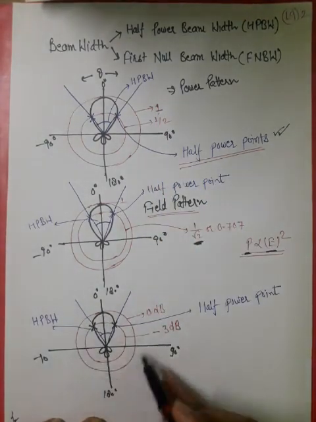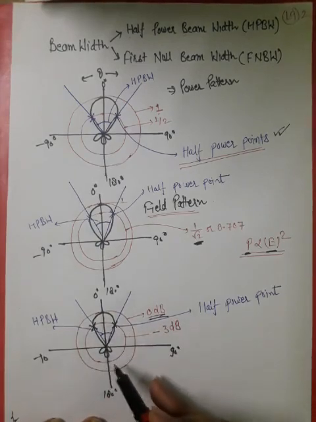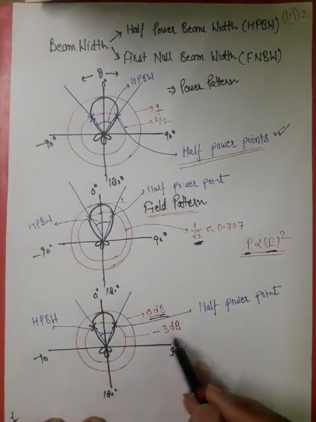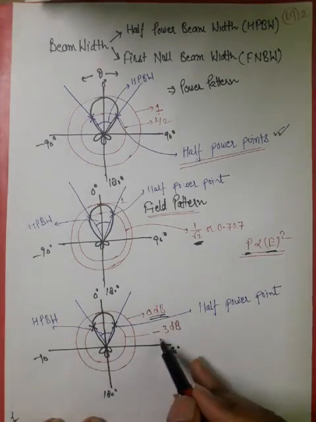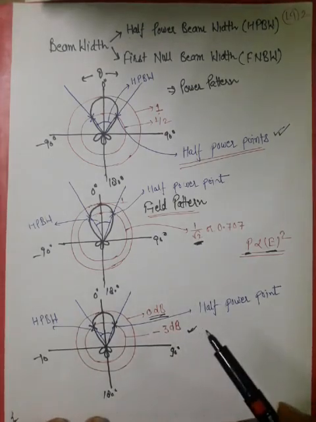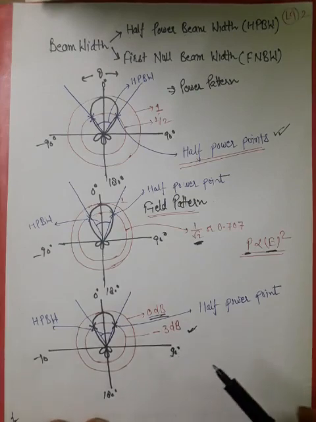So in this case, the outer circle will represent 0 dB, and all inner circles will represent negative values. Half power in dB is minus 3 dB. So these were the points through which we can evaluate the half power beam width.